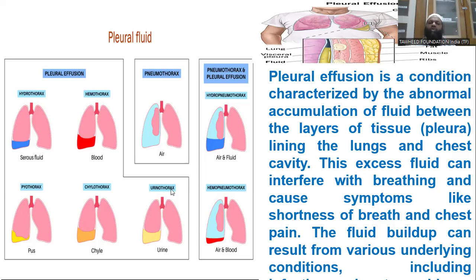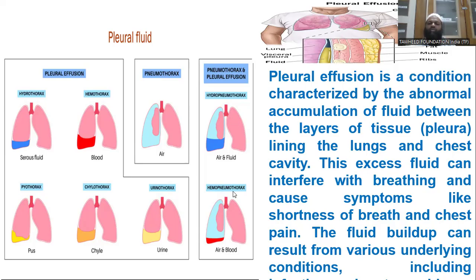Again, here urinothorax. Urinothorax means urine content is there. Here, hydropneumothorax: water is there as well as air. The lung, if you see here, has totally collapsed. Again, this is a normal lung.